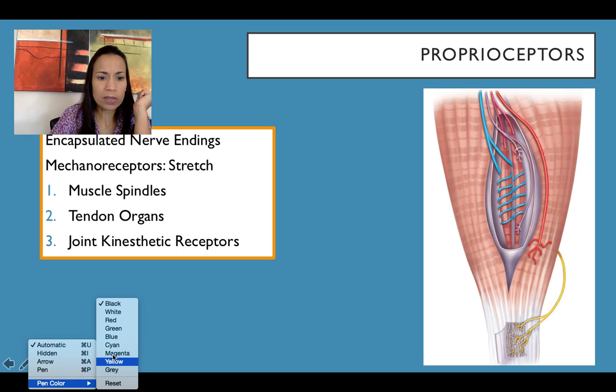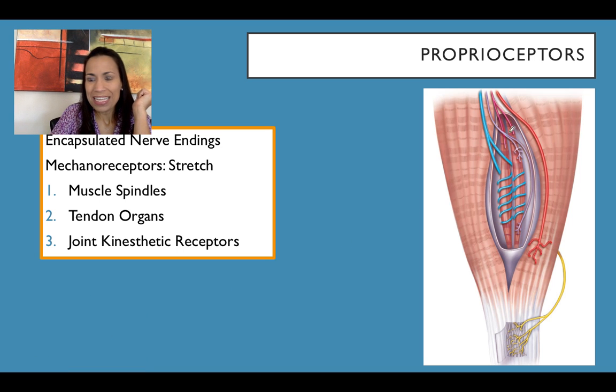The muscle spindles, I'm going to grab blue, are these receptors. They are located within the perimysium. Remember, perimysium is that connective tissue that forms the muscle fascicles. So right there within that perimysium, we are going to find the muscle spindle, which is the stretch receptor for the muscle.